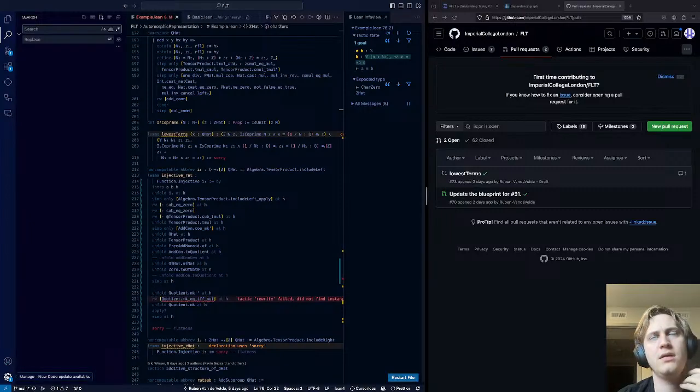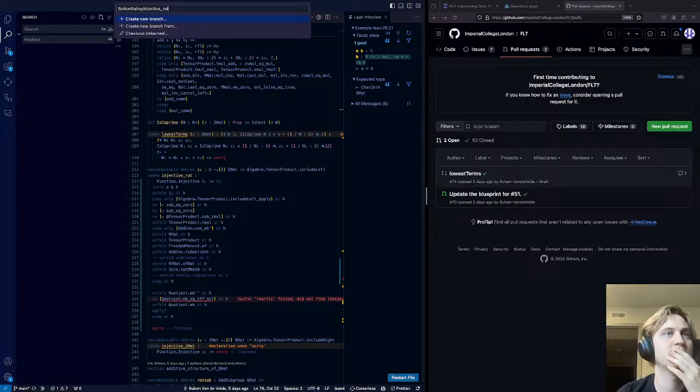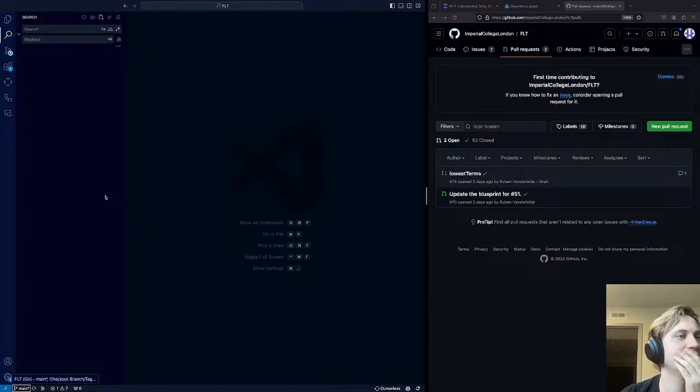make a branch, slash injective rat. Create a new branch.